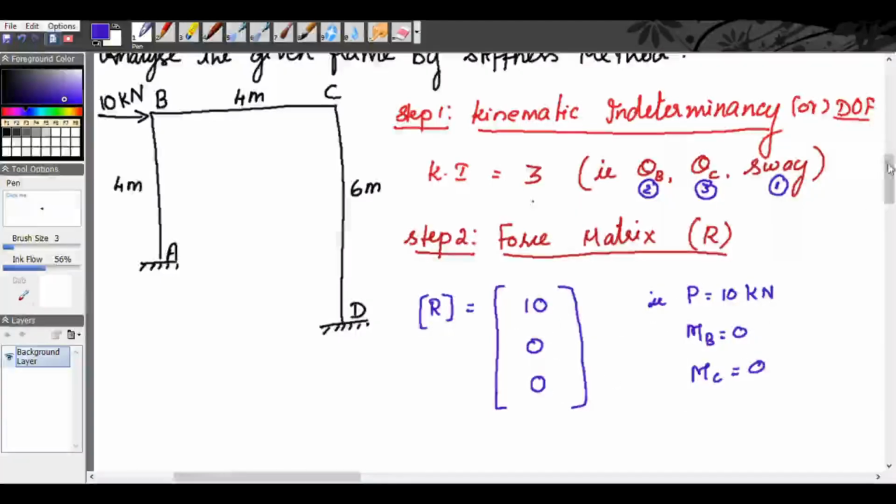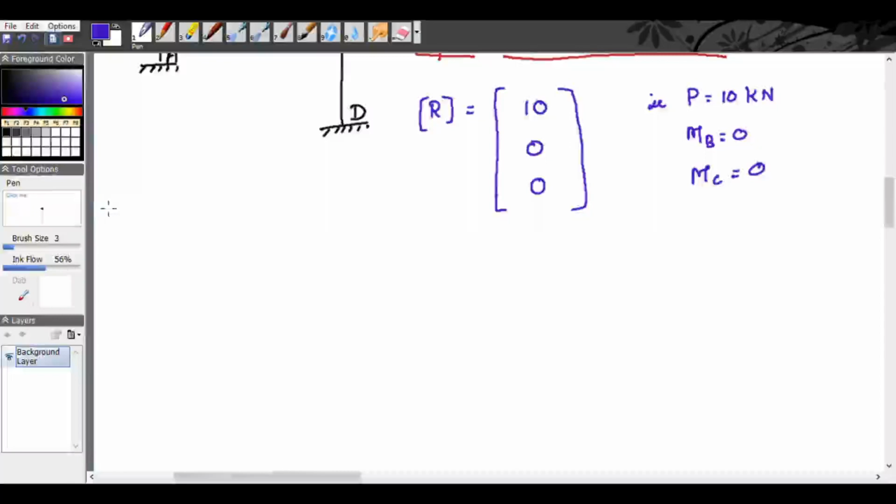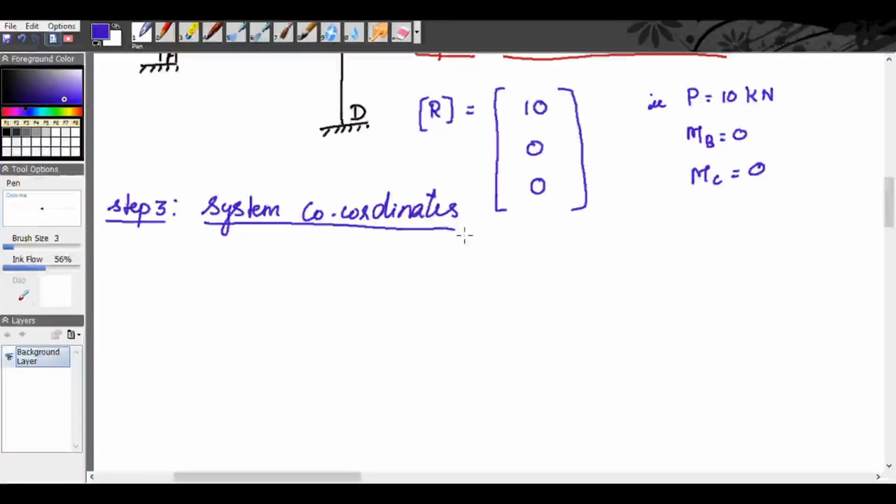Now we will move on to step 3. You all know in step 3 we represent the system coordinates. System coordinates we represent as small r, right? For our frame, the frame is like this.